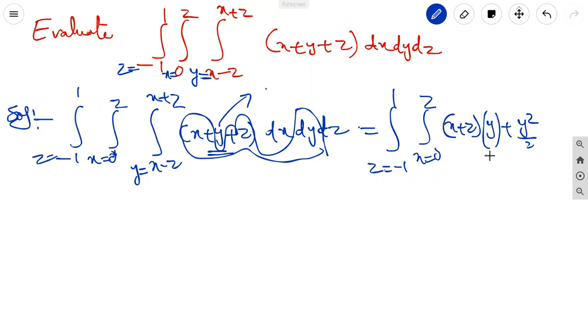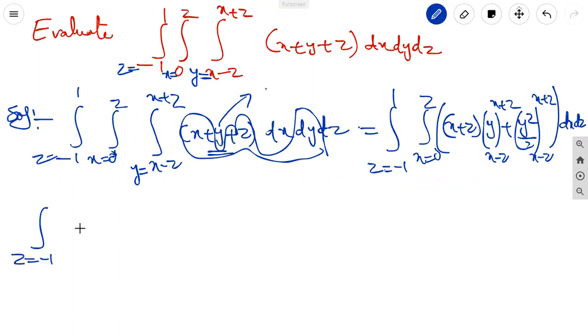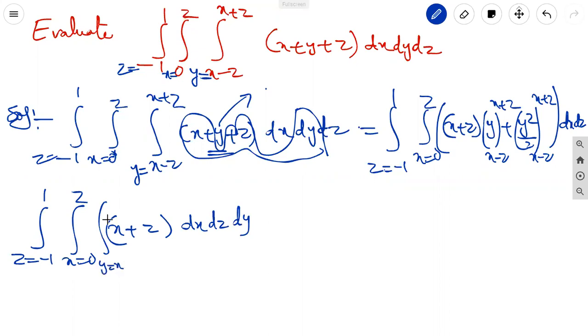The limits of this is x minus z to x plus z, y square by 2 limits x minus z to x plus z, into dx dz. If we are getting confused, then we can write it as z equal to minus 1 to 1, x equal to 0 to z, x plus z into dx dz, dy, integral y equal to x minus z to x plus z, plus y dx dy dz.